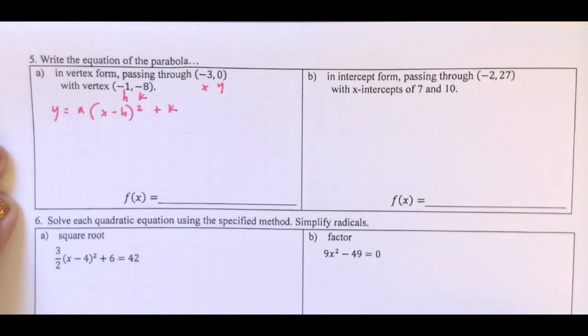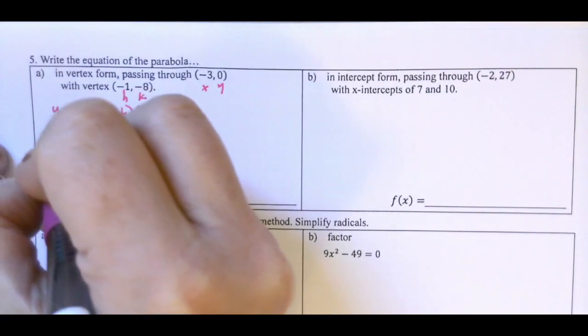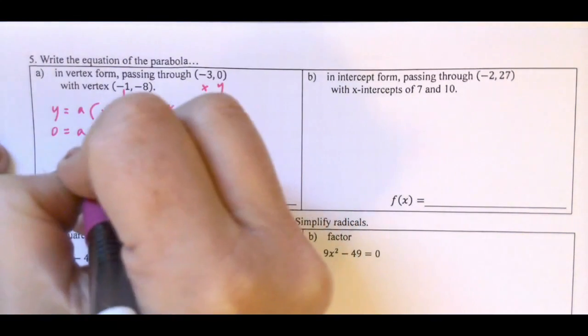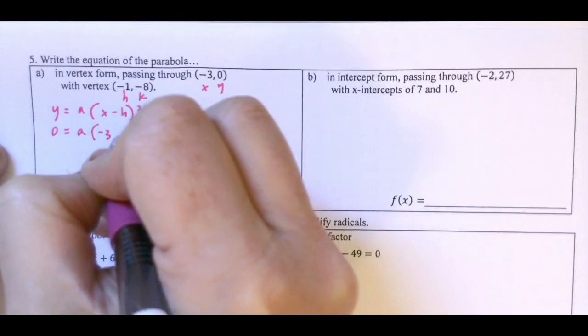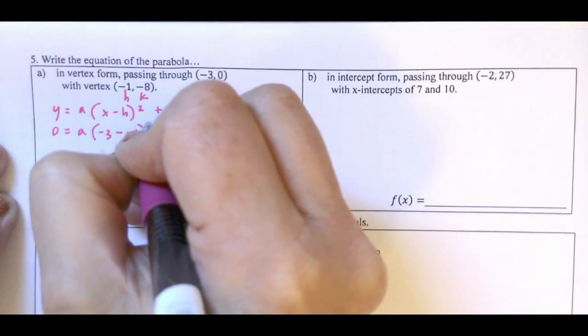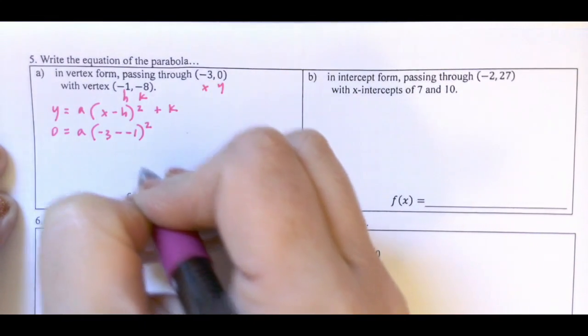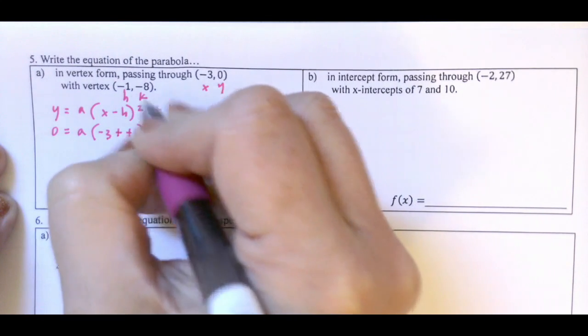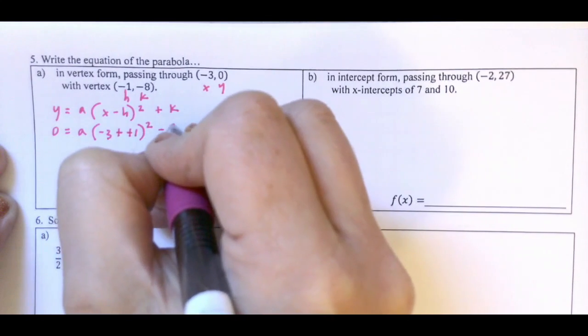So I'm going to plug in what I have. So 0 for y equals a times x is -3, minus -1, close your parentheses, quantity squared. Subtracting a negative goes to a positive. And then here we have a plus -8, so I'm just going to write that as -8.